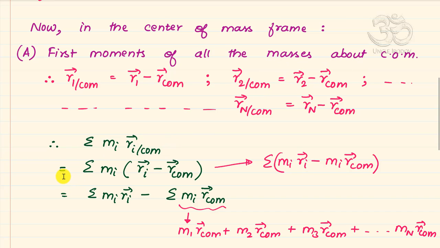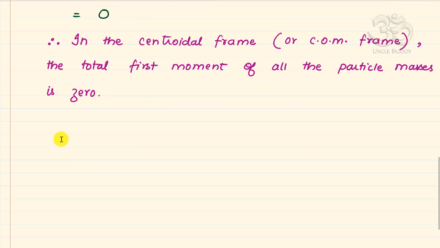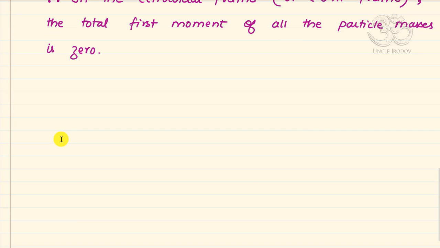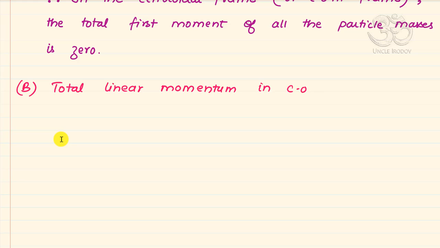Next, let's figure out the total linear momentum of all the masses about the center of mass. So let's go for part B. Total linear momentum in the center of mass frame. If I have to find the total linear momentum of all the particles, first I should be able to find the velocities of all the particles in the center of mass frame.